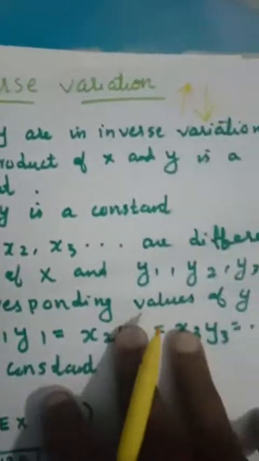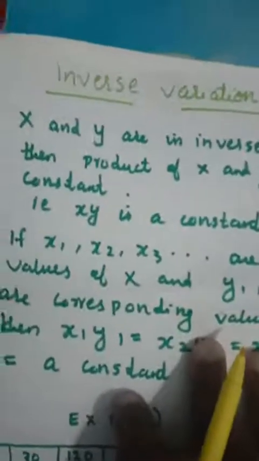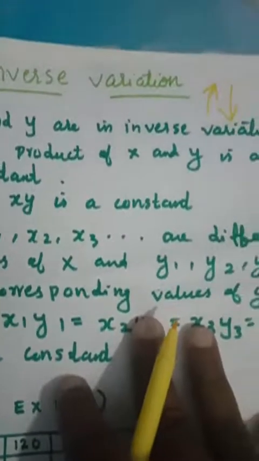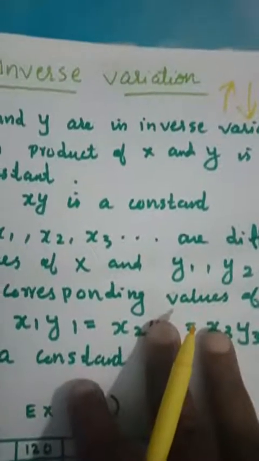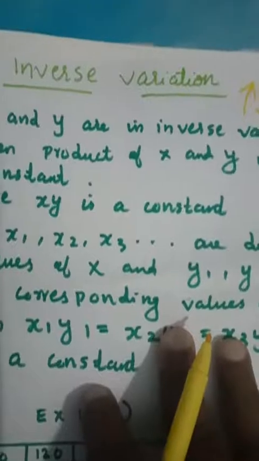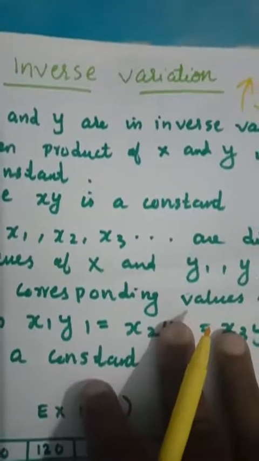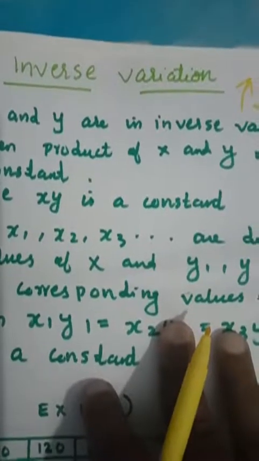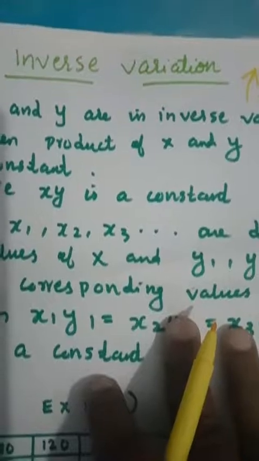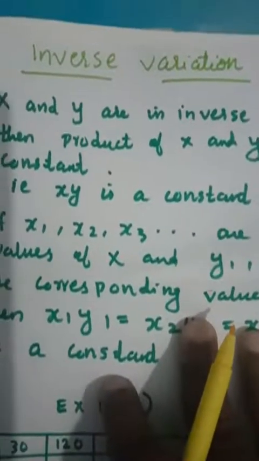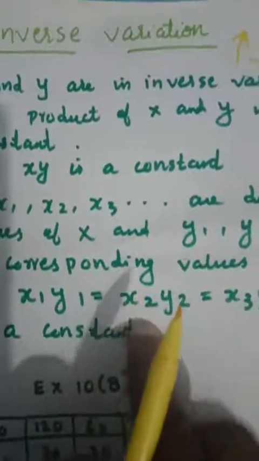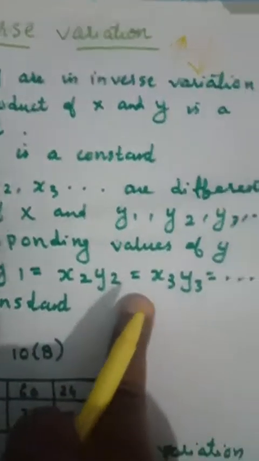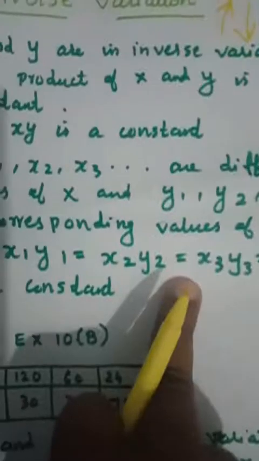Suppose x and y are in inverse variation, then the product of x and y is a constant. In direct variation, we know that x1 by y1 is equal to x2 by y2 is equal to x3 by y3 is a constant. But in inverse variation, x1 into y1 is equal to x2 into y2 is equal to x3 into y3 is a constant.